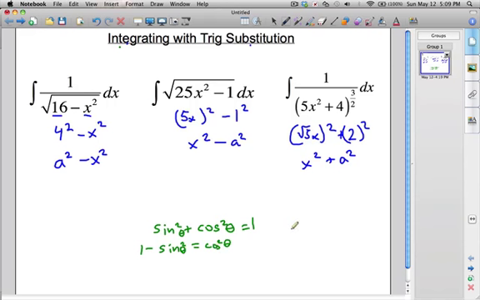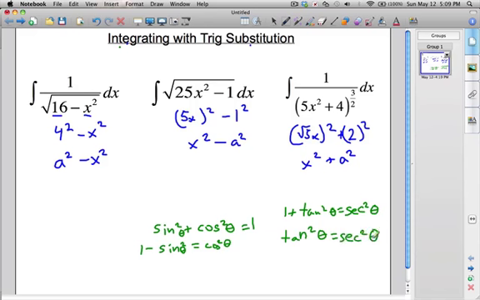And we have another important trig identity, which is 1 plus tan squared theta equals secant squared theta, and that can also be rewritten as tan squared theta equals secant squared theta minus 1.